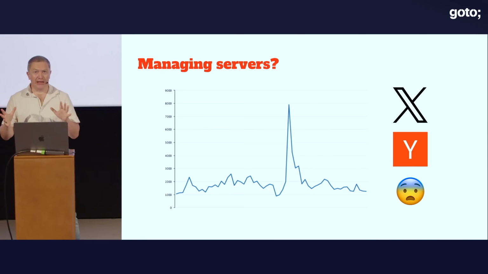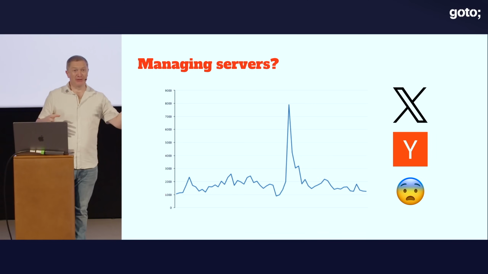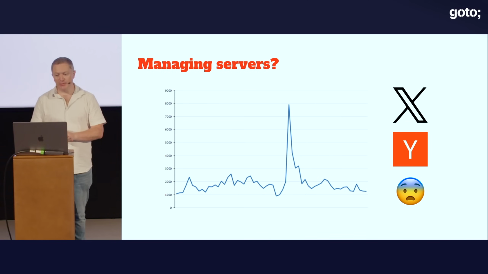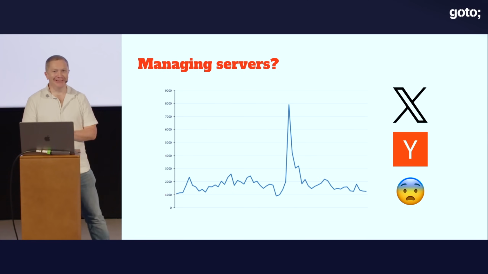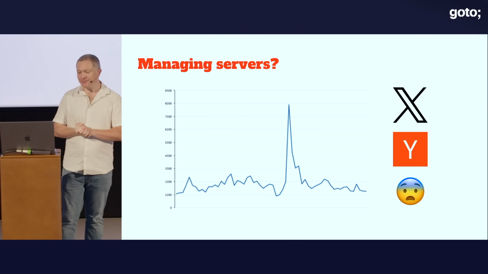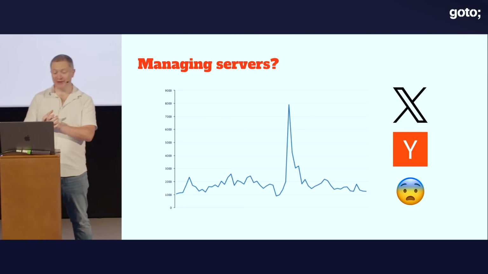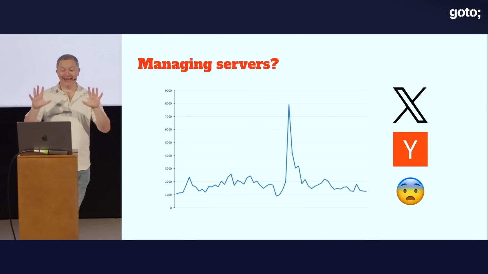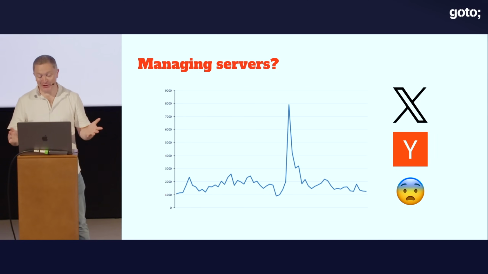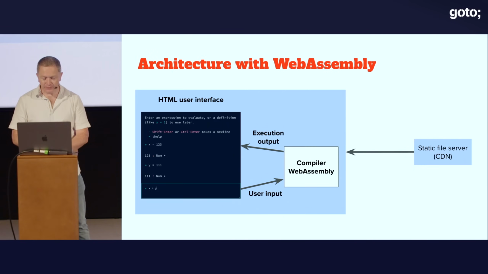And also, for a language project, you tend to get spikes of traffic. If there's an article on Hacker News about you, or somebody shares a GOTO talk or something, you can get a spike in your traffic, and then that's bad news. Now you've got to think about how to scale your backend and all that stuff.